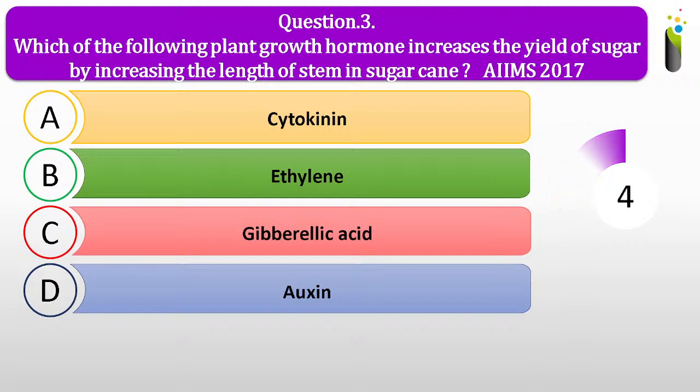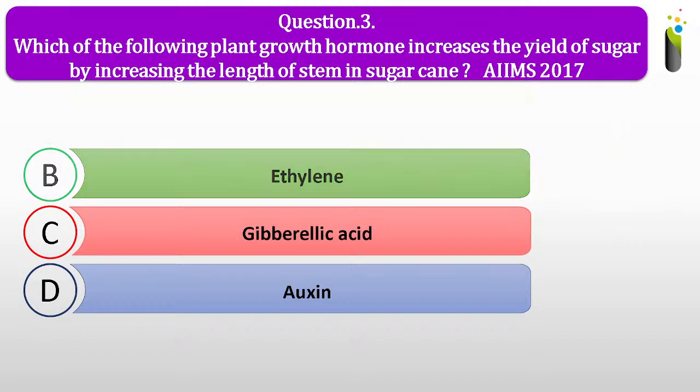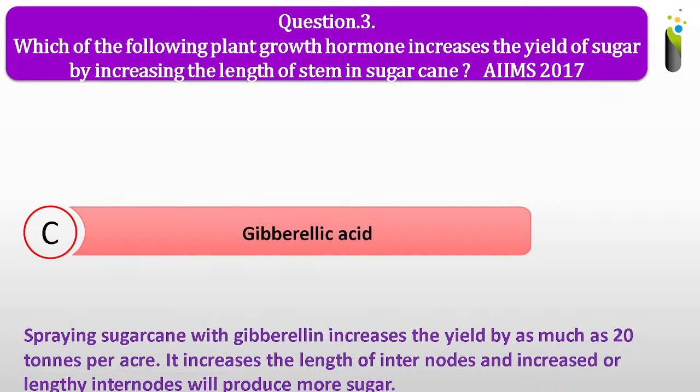Come on, answer. So what is used for increasing the length of the stem in sugarcane? And the correct answer is C.